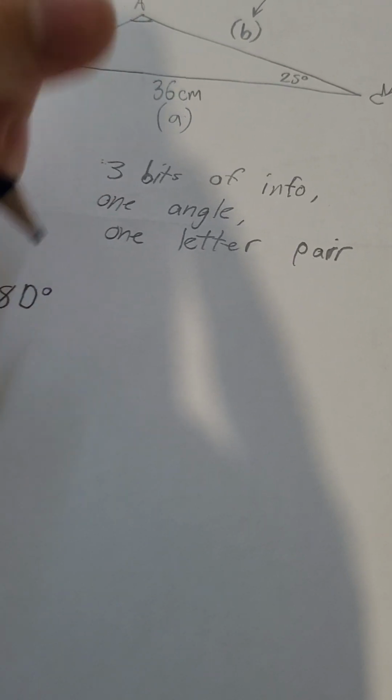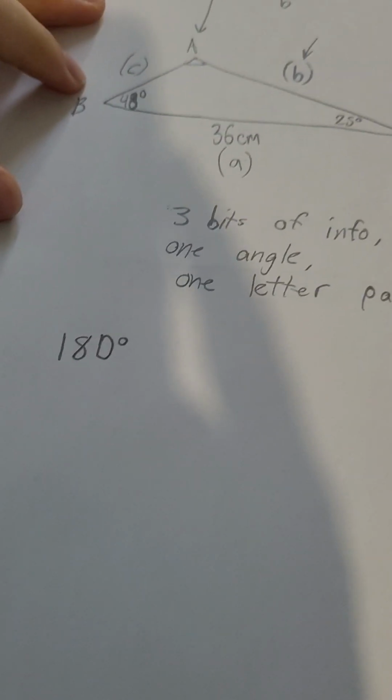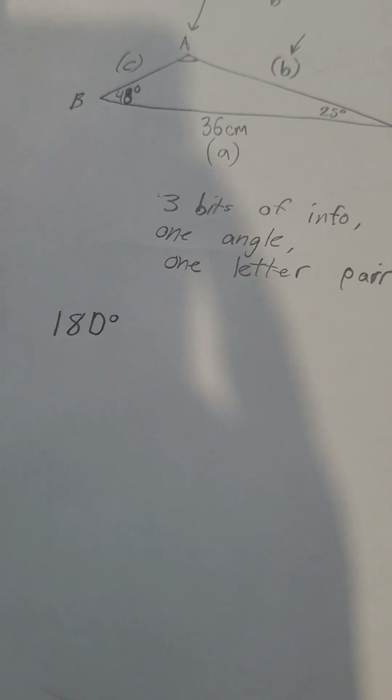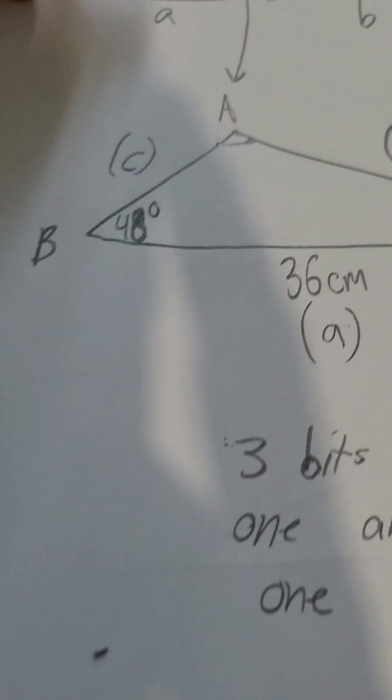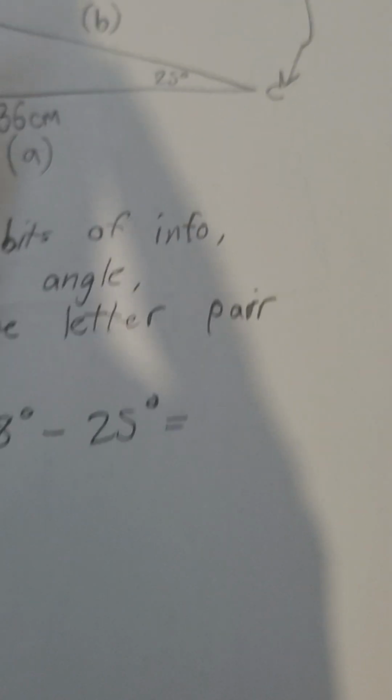Now we know that every single triangle has 180 total degrees. All of its angles added together are 180 degrees. Now we can subtract 48 degrees, which is this angle, and then we can subtract again 25 degrees, which is this angle.